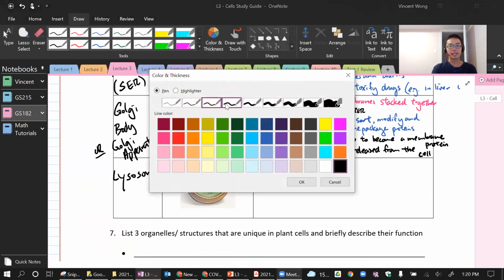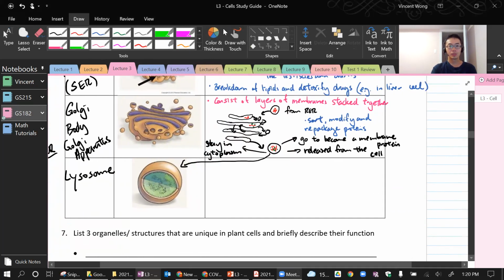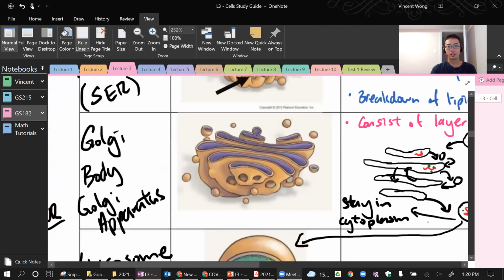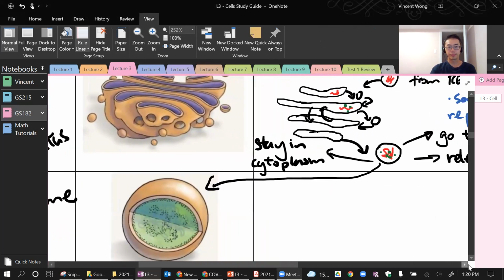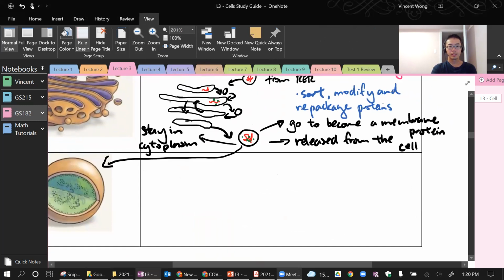So what is the lysosome? It's a vesicle. It's part of the endomembrane system.